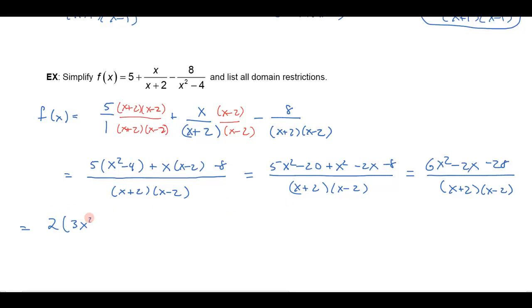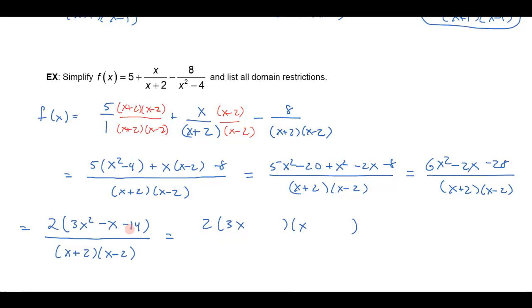That'll leave me 3x squared minus x minus 14 all over the x plus 2, x minus 2. And again, I should probably just check. I wonder if this might possibly factor and maybe one of them would cancel. So let's just double check here. Let's see if it was to factor.